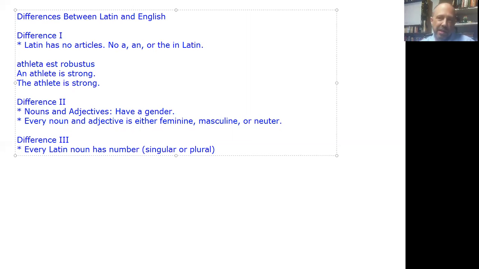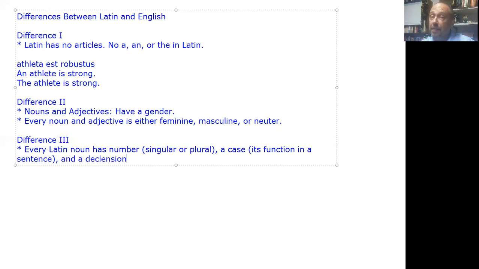That's the same as in English, right? A case. And this is how it is used in the sentence, its function in a sentence. And then thirdly, a declension. And this is different than English, right?